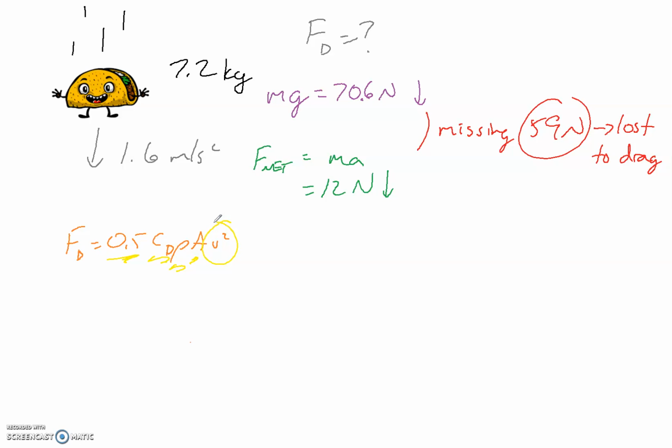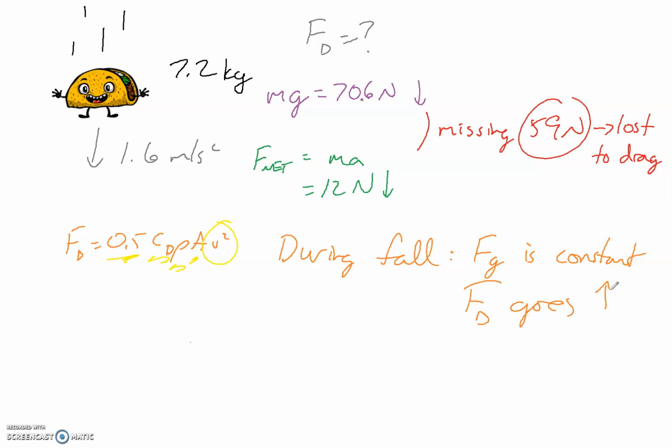So during the actual fall, the F_G, that's constant. But the force of drag actually keeps on getting higher because you keep on going faster. So if you keep on falling, the force of gravity pulling you down stays the same, but the force of drag keeps on getting bigger and bigger, and eventually those two forces will match up.